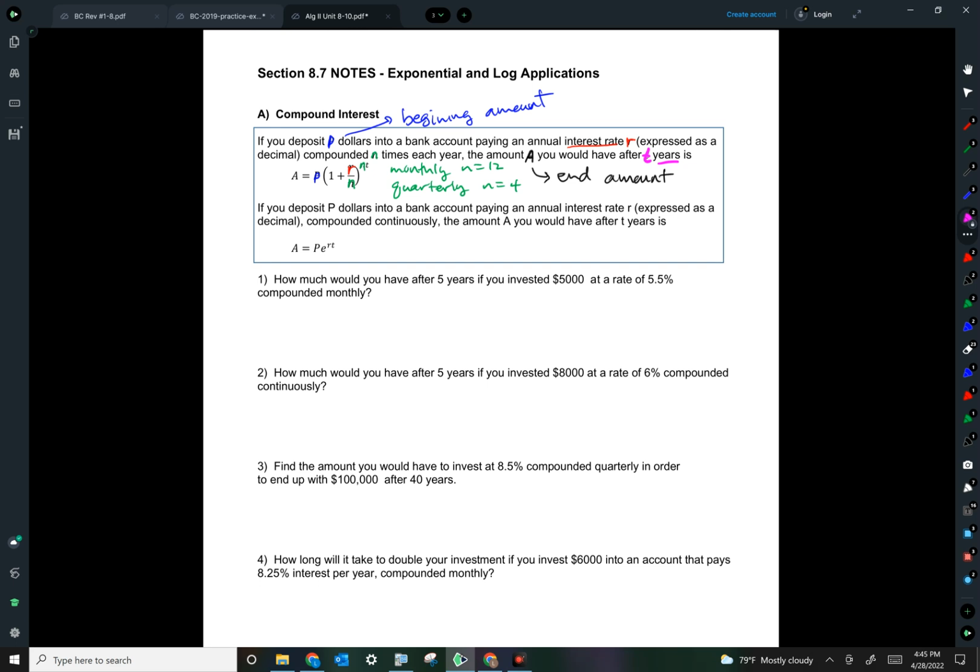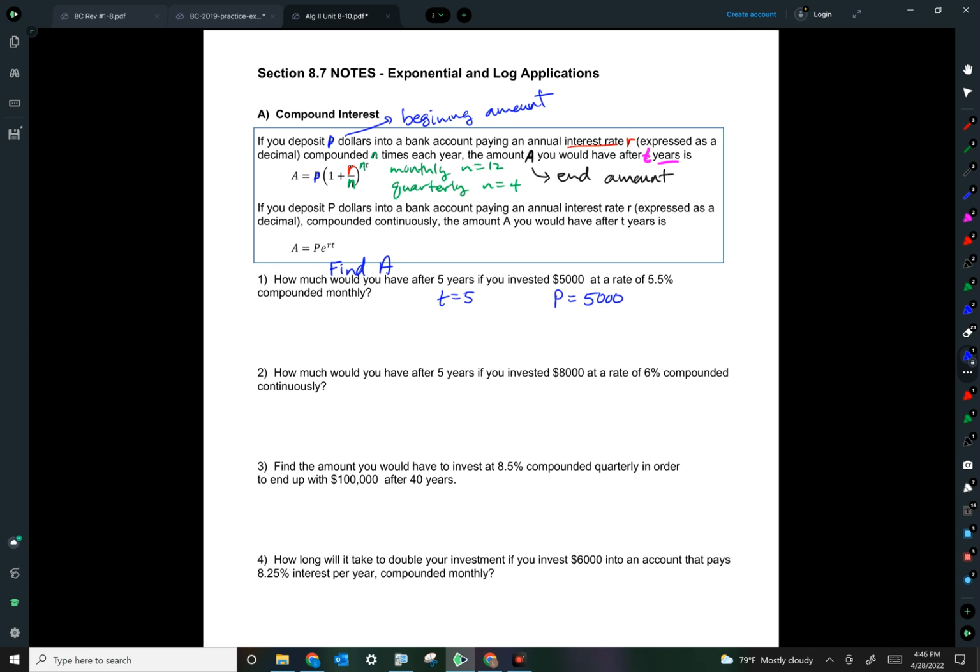So look down at number 1. How much do you have? So in other words, how much do you end up with? So they're saying find A. How much would you have after 5 years? So T is 5. If you invested $5,000, so P is the amount you're going to invest, your beginning amount. So P is 5,000 at a rate of 5.5%.